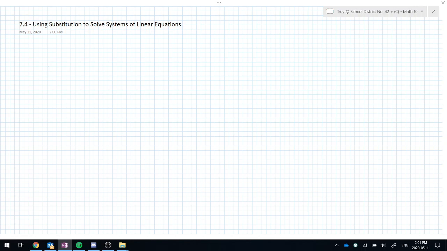But now what we're going to do is forego using graphs altogether, because in fact it is possible to solve these systems of equations using algebra. We don't have to use graphs anymore, and you could even argue that this is a more effective strategy because sometimes when we use graphs, the lines don't necessarily always cross over right on the grid lines.